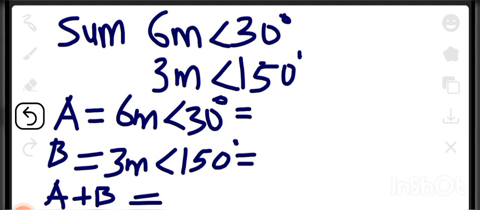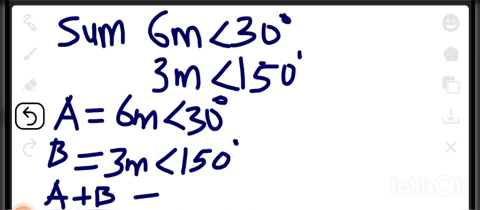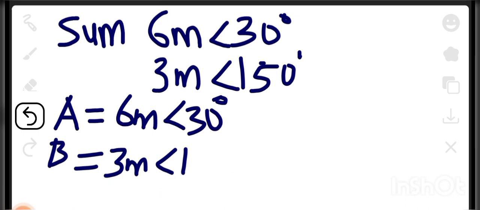We need to move this to rectangular form before we can add. How do you move this to rectangular form? Remember, we have done it before. It will now be 6 meters cos of this angle, cos 30, plus 6 meters sine 30. So that's what we need to do before we add. Let's do it one after the other.